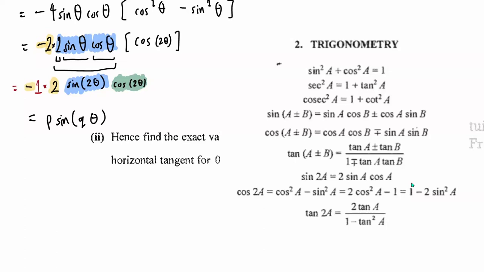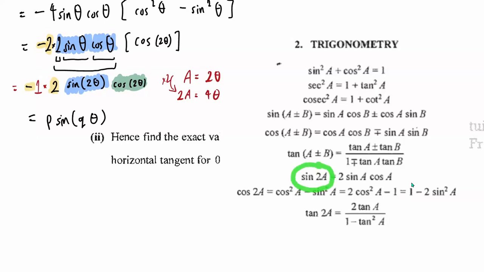So what is your 2a now? If a is equal to what again? 2 times sine 2 theta times cosine 2 theta. So a is 2 theta. So what's 2a? 2a would be 4 theta. So what does the formula tell you here?